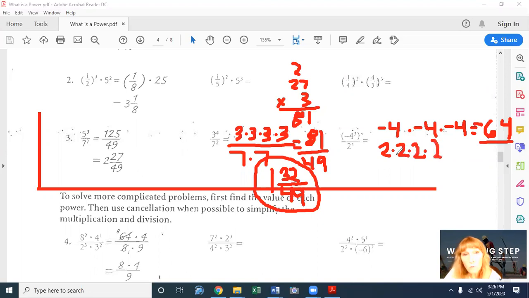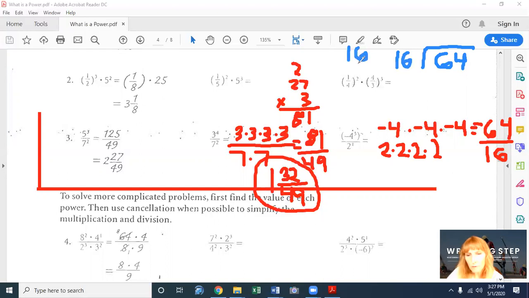2 times 2 is 4. 2 times 4 is 8. 2 times 8 is 16. Now we have to change that. So let's change colors here and do our long division. You might already be able to see what's going to happen, right? How many 16s go into 64? Well, let's try 4 and see what happens.